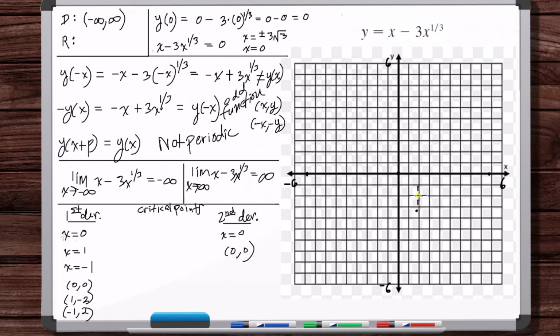And then it's an odd function, so you just go in the opposite direction. Minus 1, so 0.6, 1.2, so about in here, and then 0.6, 1.2, 1.8, 2.0, about there.